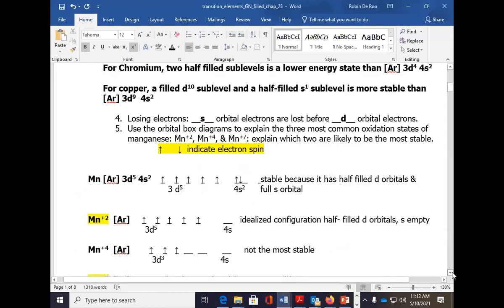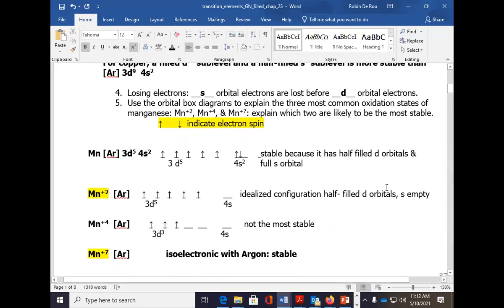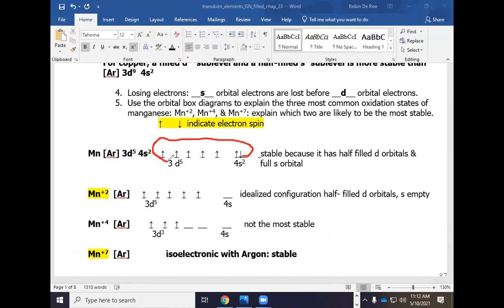And then we have the Mn plus 7. So we need to remove 1, 2, 3, 4, 5, 6, 7.